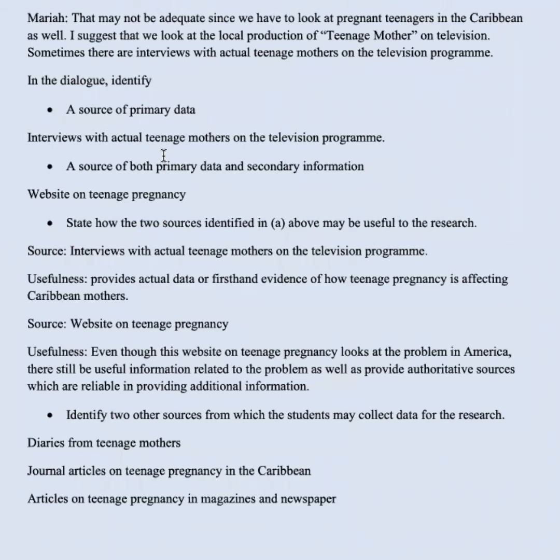So from these definitions, we could say that a source of primary data from this dialogue could be the interviews with the actual teenage mothers on the television program. And a source of both primary and secondary information or data could be the website on teenage pregnancy in America.